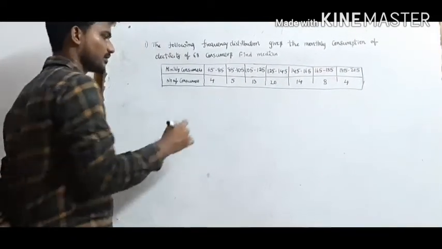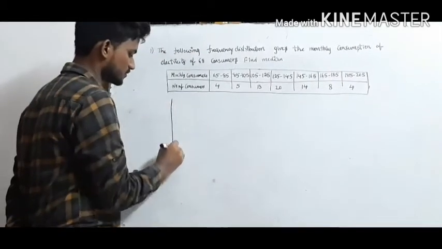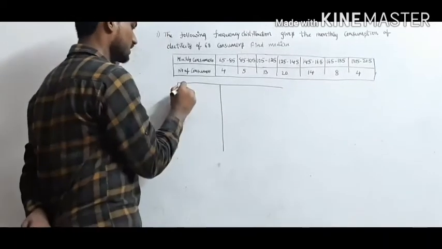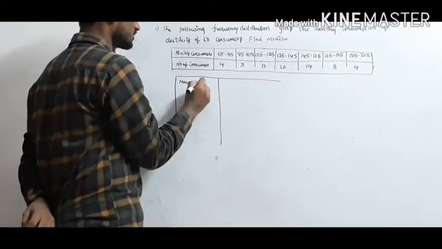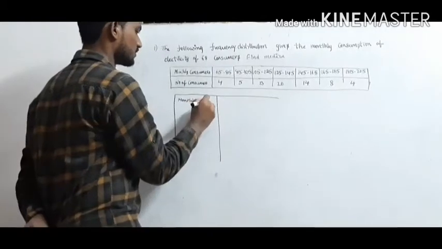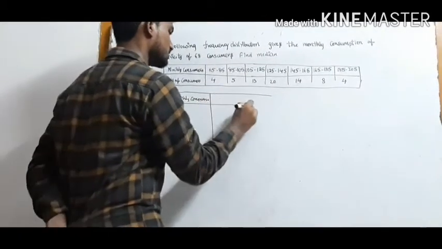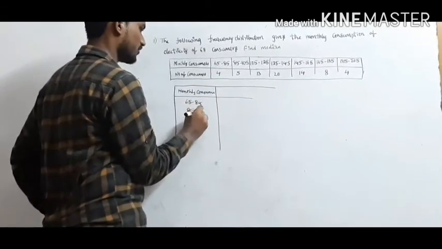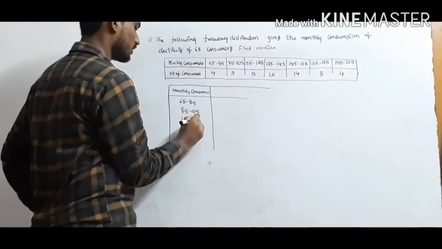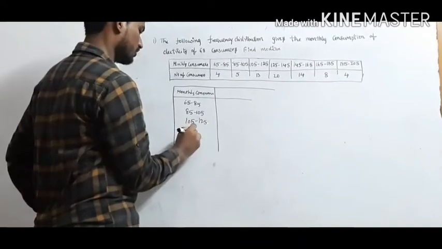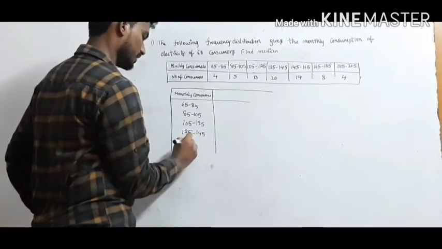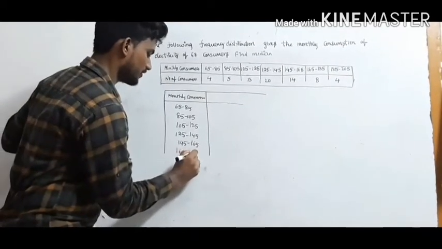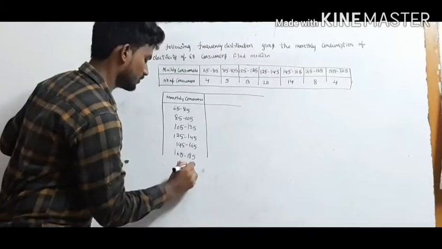For finding the median, we can draw a table. First is the monthly consumption, also called class intervals: 65 to 85, 85 to 105, 105 to 125, 125 to 145, 145 to 165, 165 to 185, 185 to 205.